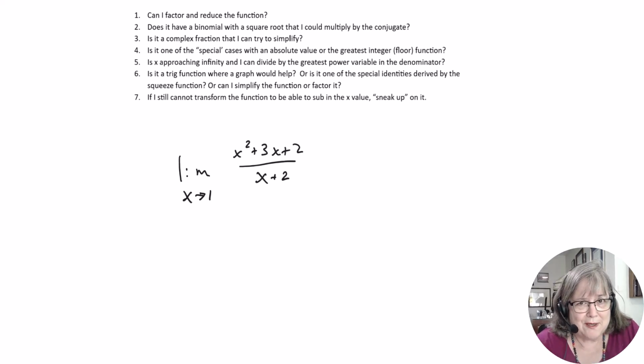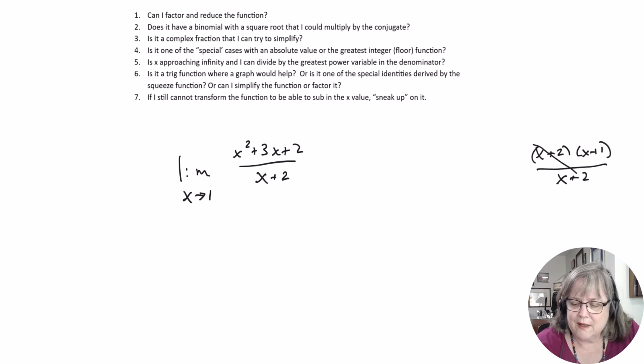So hopefully you took a second, looked at this, and had a strategy. I would imagine that some of y'all went, I'm going to factor that, because that looks like it can factor. And it does. These two cancel out and leave you x plus 1. But the thing is, you didn't really need to do that. This one is in this function's domain.